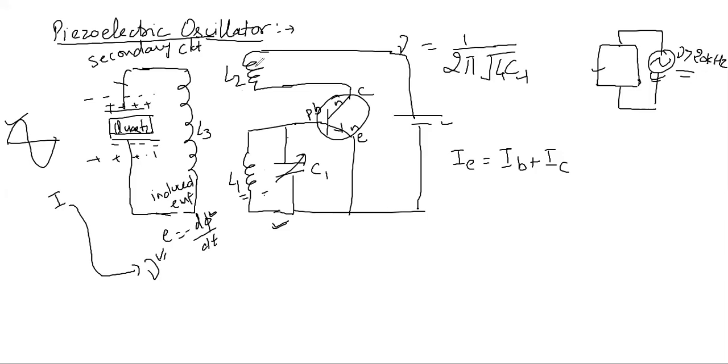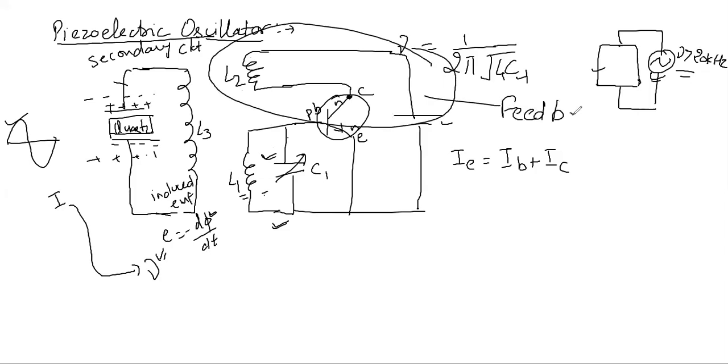And that induced EMF will have some current flowing in this part of the circuit, and which will be fed back into this part of the circuit, which is tank circuit or LC circuit here. So this part of the circuit is simply a feedback circuit. Which basically keeps the amplitude.